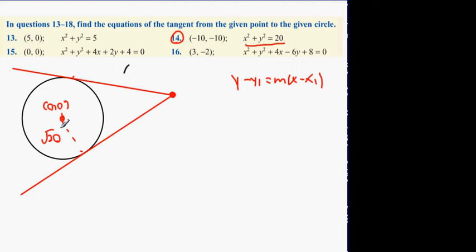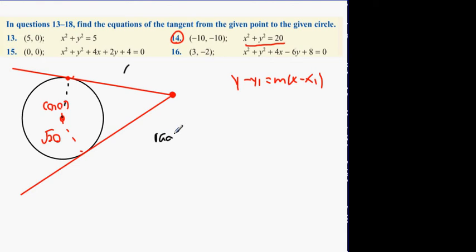Even if you put down little things like this, the centre is 0, 0, the radius is root 20, it's all accumulating information and maybe you're hitting the marks. Next, this is one where you need to record it. What we're basically saying is that the perpendicular distance is the radius.